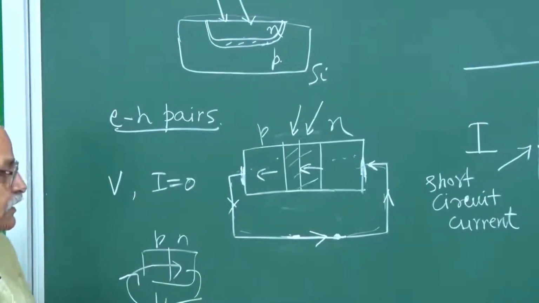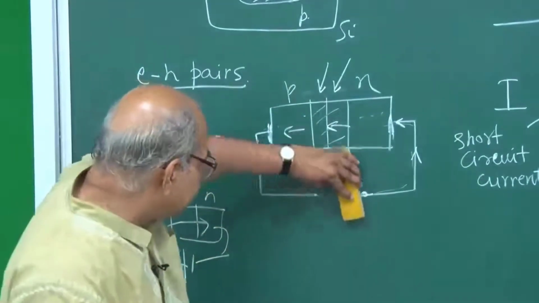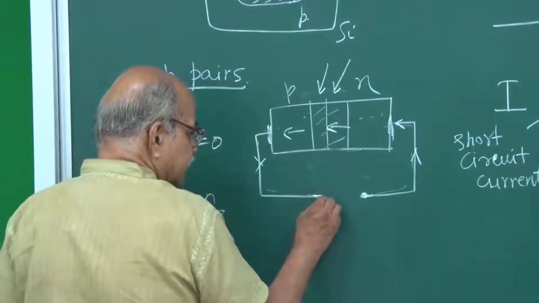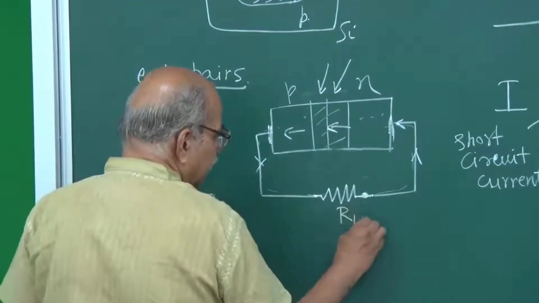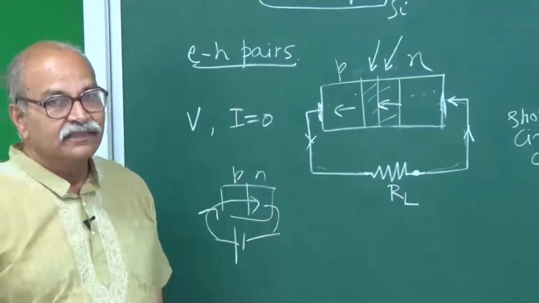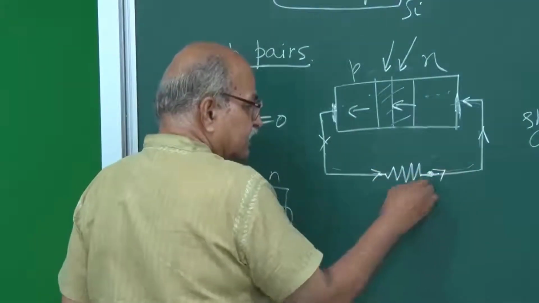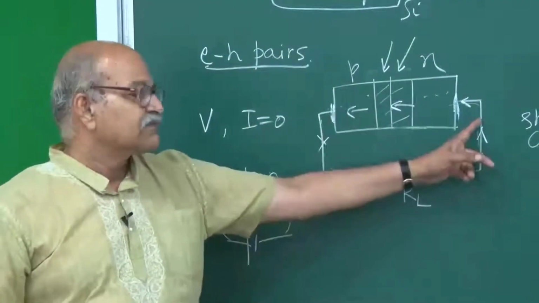Now in between, suppose I add a resistance here, I connect some motor or some bulb, a load resistance RL is added. The current will be there, and if you have this RL here, with some current I, then I times RL will be the potential difference.